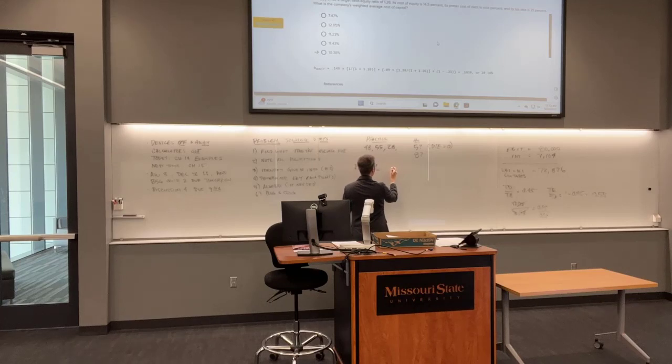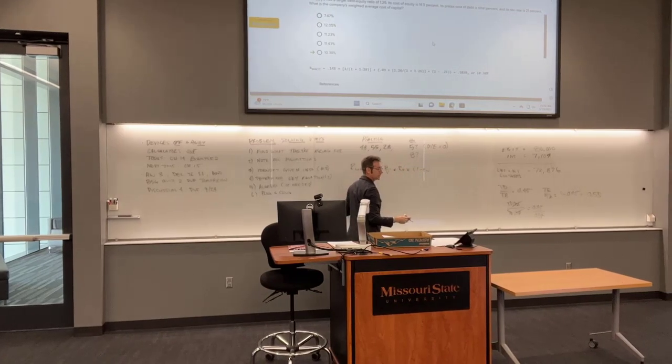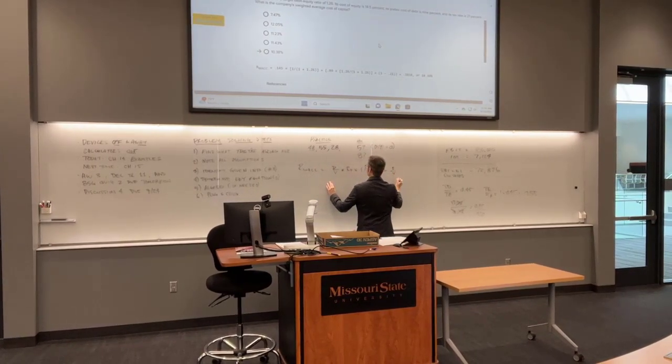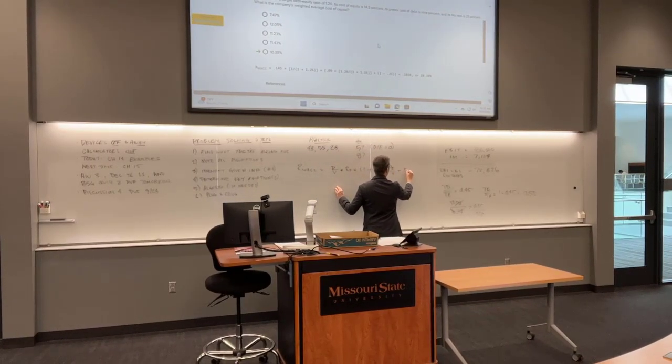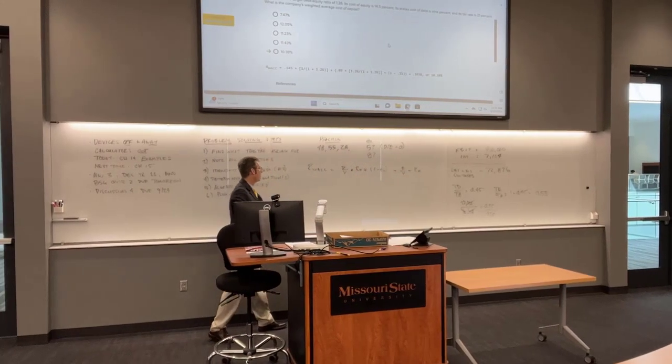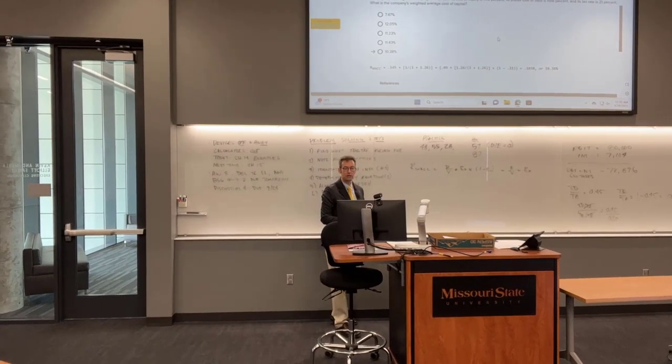It's equal to debt over the value of the firm times the required return on debt times 1 minus the corporate tax rate, and I'm probably writing this backward from the way you're used to seeing it, plus E over V times the required return on equity. So let's start walking through this and see what numbers we already know.